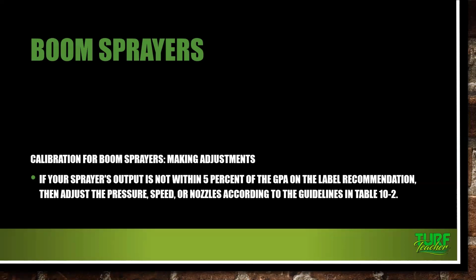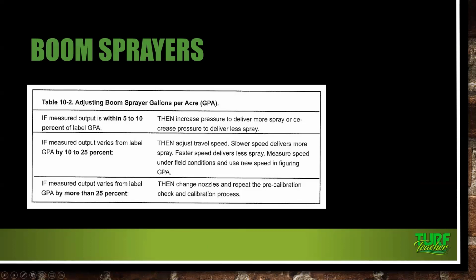All right. So if your sprayer's output is not within 5% of the gallons per acre on the label recommendation, then we've got to adjust our pressure, our speed, or our nozzles according to the guidelines in Table 10.2. If measured output is within 5 to 10%, we need to increase the pressure to deliver more spray or decrease the pressure to deliver less spray.